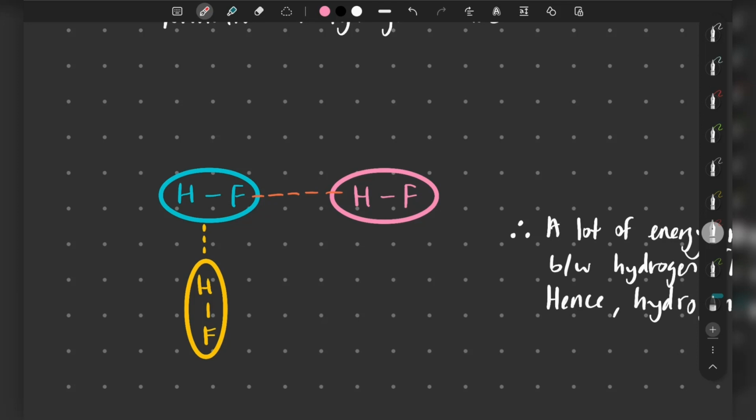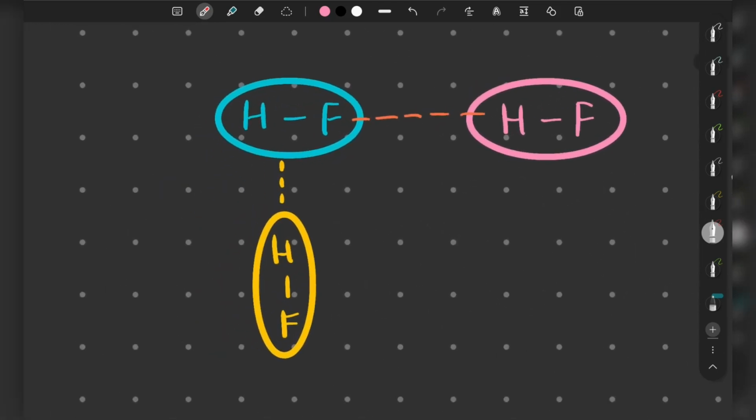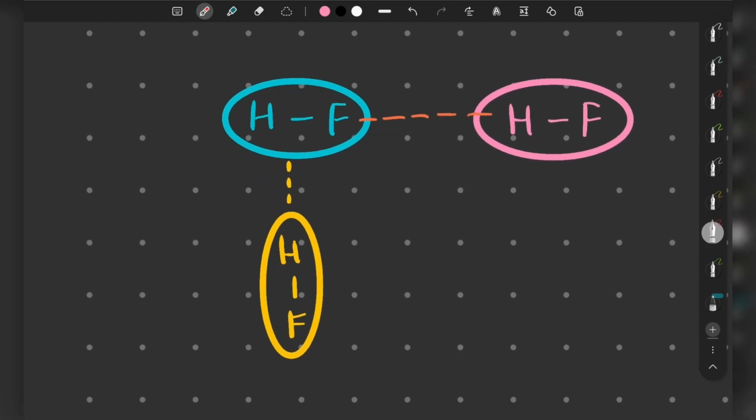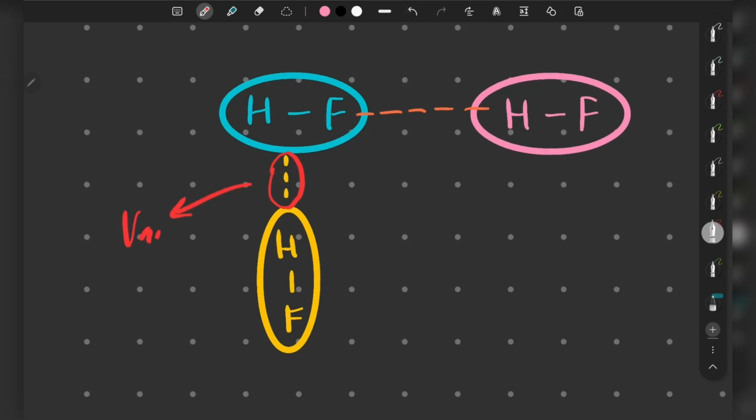to get you guys to understand how the phenomenon of hydrogen fluoride exists as a liquid at room temperature. Okay, so like I've mentioned before, when there is an attraction force between the molecules, it is called van der Waals force.